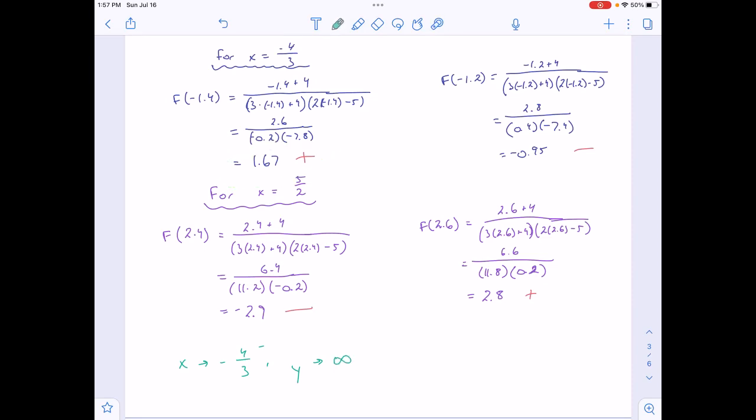As x approaches negative 4/3 from the right, y approaches negative infinity. Then we had, as x approaches 5/2 from the left, y approaches negative infinity. And as x approaches 5/2 from the right, y goes to positive infinity.